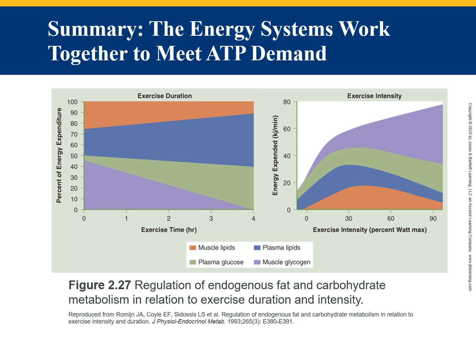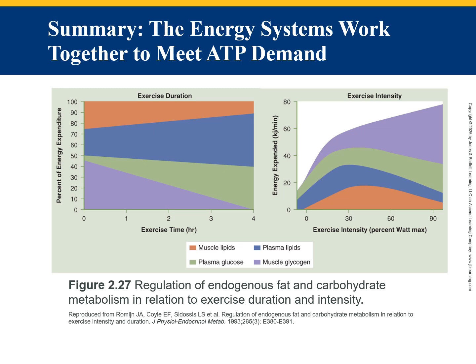We see that intensity also influences. So when we have a very low intensity exercise, and we're just going to look at this, say 50%, right? See if I can get a little marker. Here we go, little marker. If you look at 50%, right in the peak of primarily muscle lipids, that orange peak, we're utilizing some plasma lipids, we're utilizing plasma glucose, and a large amount of muscle glycogen.